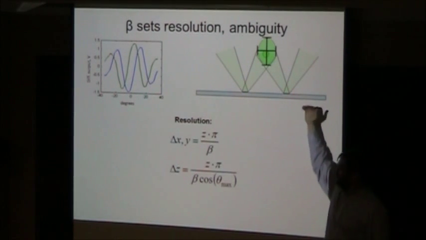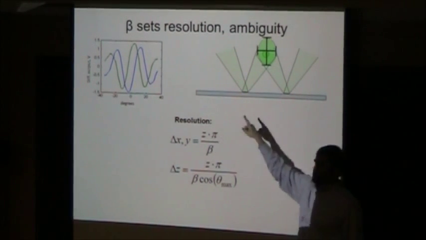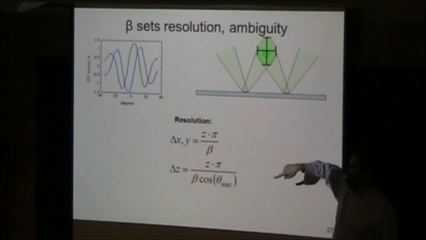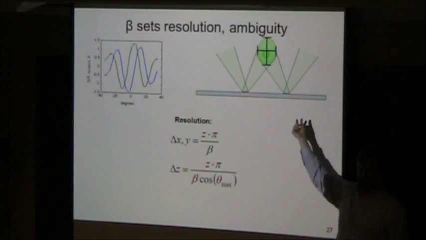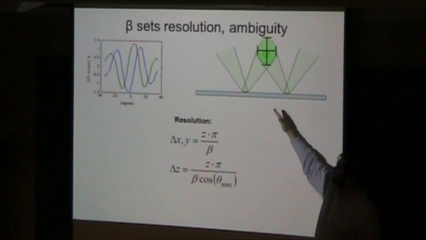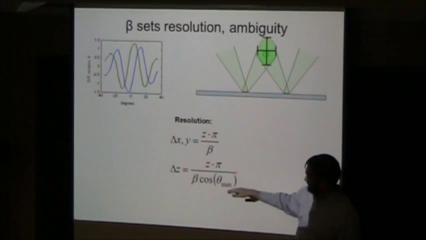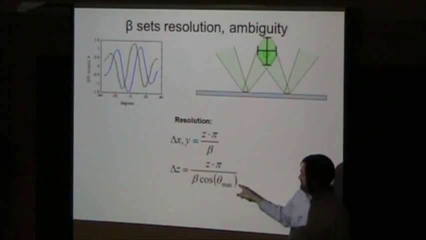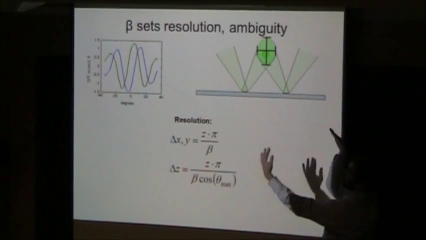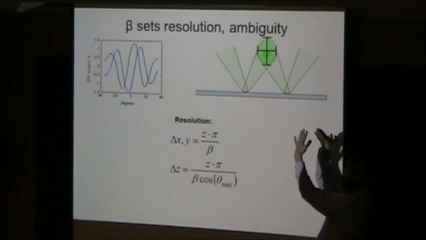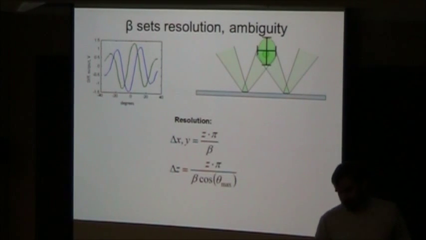That's not surprising. But it's inversely proportional to that term beta, that periodicity term. So if you make a higher frequency response, I'll get a better resolution. And that's true both for the XY dimension and also for the Z dimension. The only modification on the Z is that we have an additional requirement. We're triangulating, so the steeper the angle, the better the Z resolution.